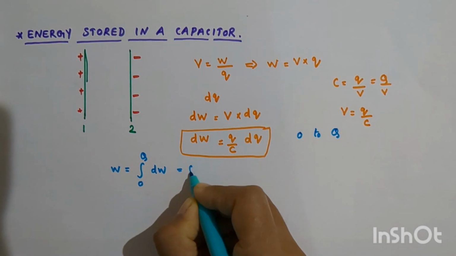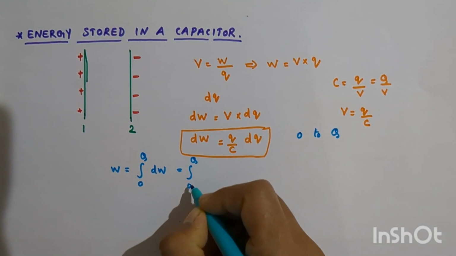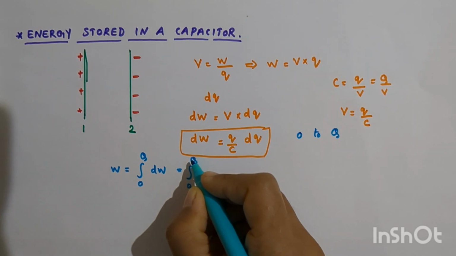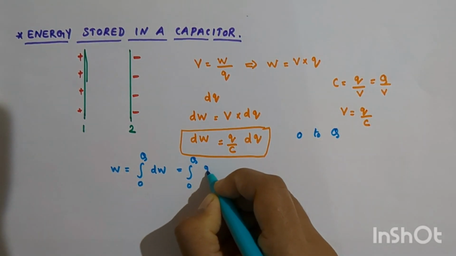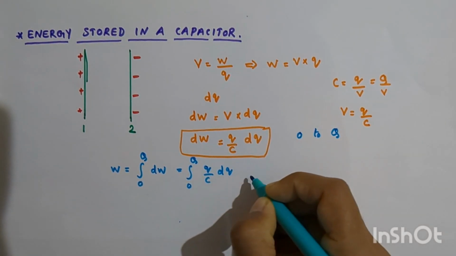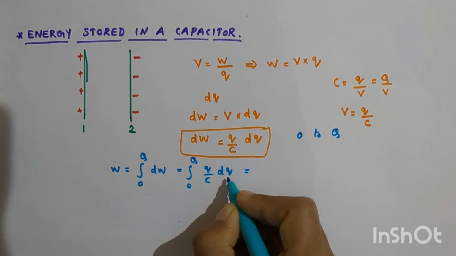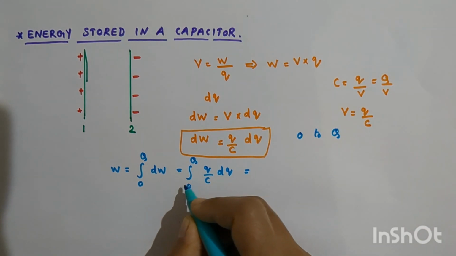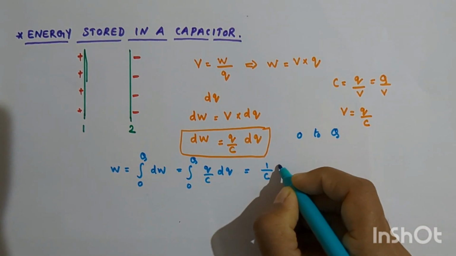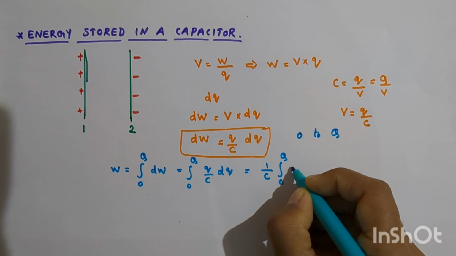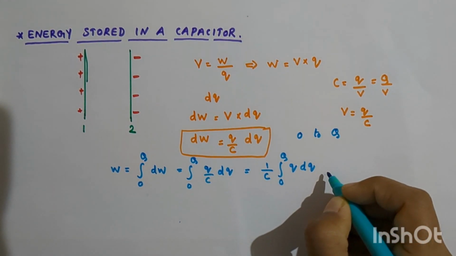So this is the integral from 0 to Q, because we are charging the capacitor from 0 to Q, of q by C into dq. Here the integration variable is the charge q, so you can take 1 by C outside: 1 by C into integral 0 to Q of q dq.